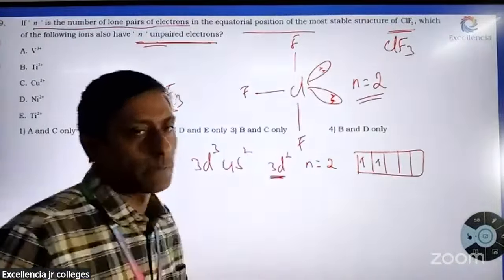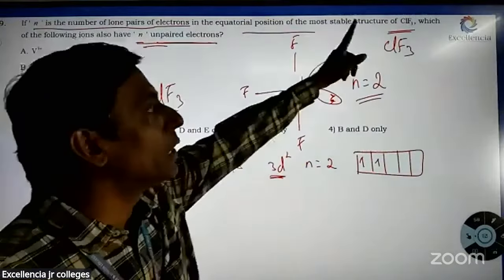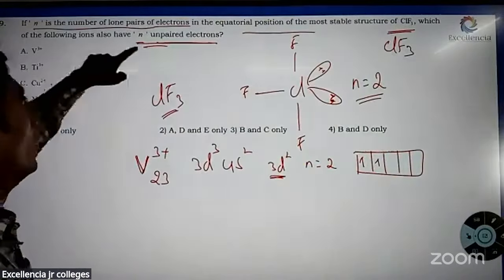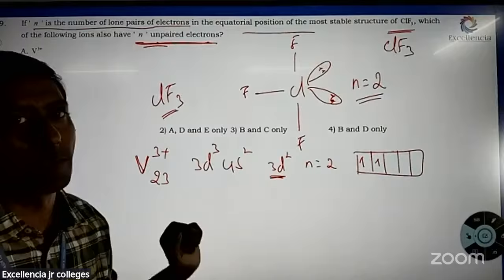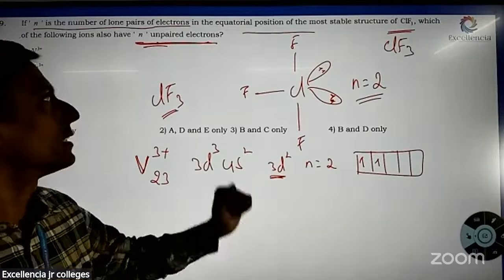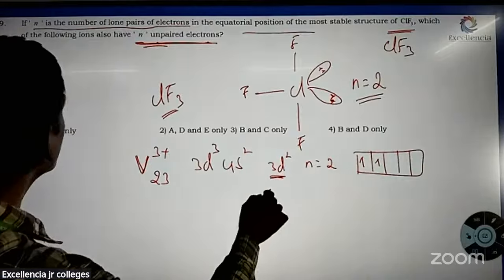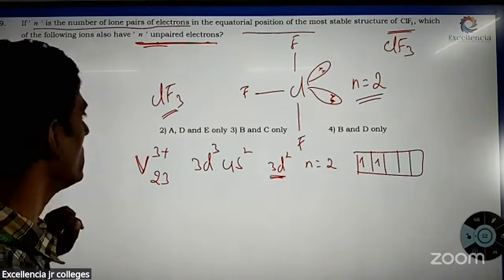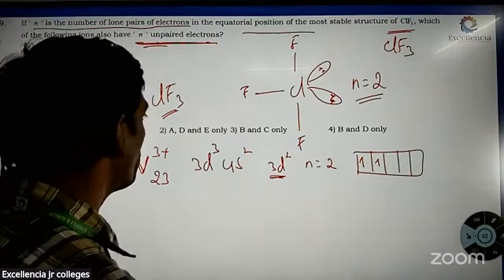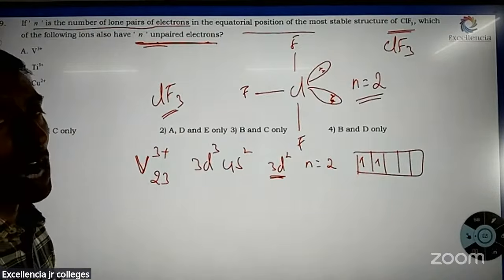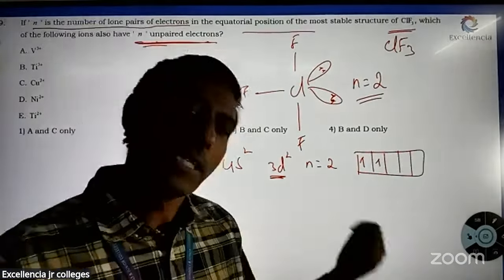Previously they were saying the lone pairs in ClF3, now they are saying unpaired electrons, so care should be taken. So A should be the answer. As I'm saying for the previous questions also, after solving one, you see the options.